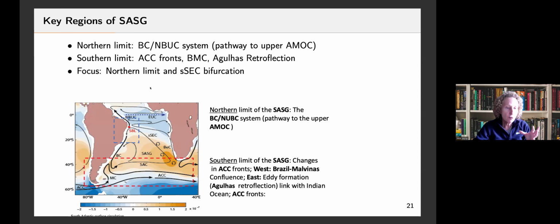Like I said, we have the Brazil current connecting to the Malvinas current, and this region under this red rectangle is very energetic. It's connected with this circumpolar current, and it's transporting heat east-west like crazy. So you have a lot of activities that are spatially smaller.